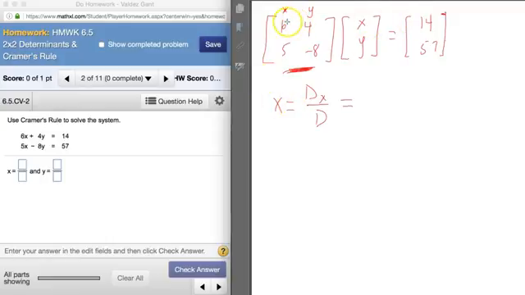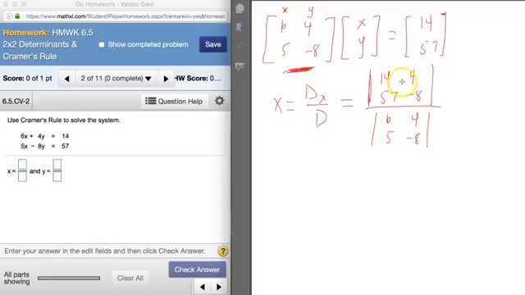What we're going to do here is take this column, our answer matrix, and replace it with column X. And so when we do that, we need to get the determinant of 14, 57, and then 4, negative 8, like that. And of course, the determinant of the coefficient matrix itself is just the determinant of all of this.